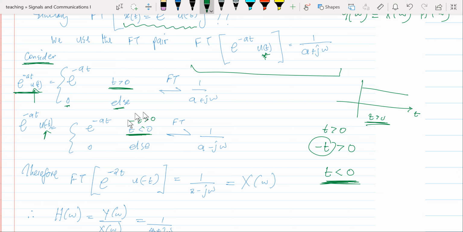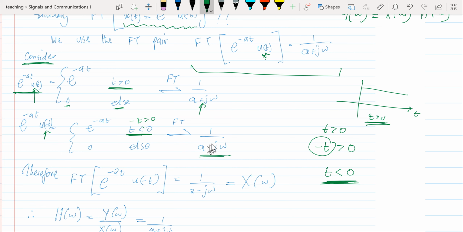Having agreed on that interpretation of u of minus t, we can simply see that the only value affected is this j omega. If it is u of t, positive, then we have a positive j omega, and if it is negative, then we have a negative j omega.